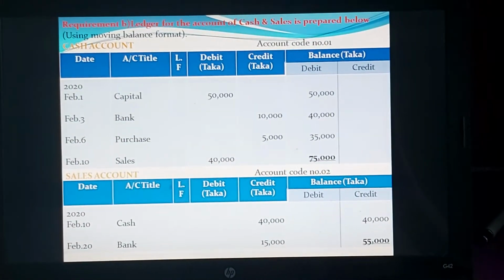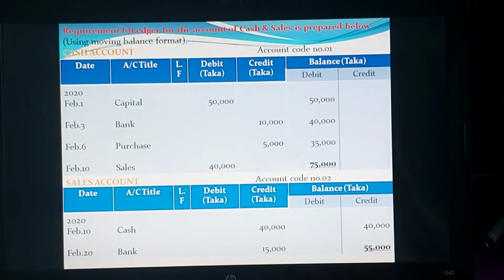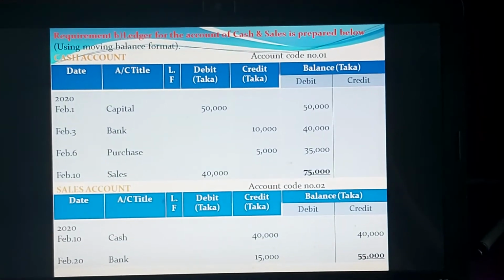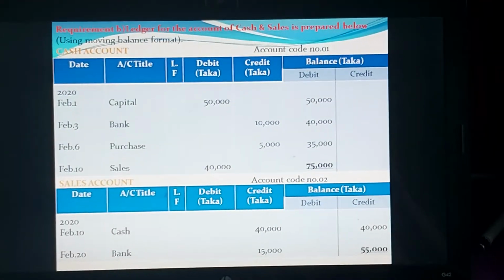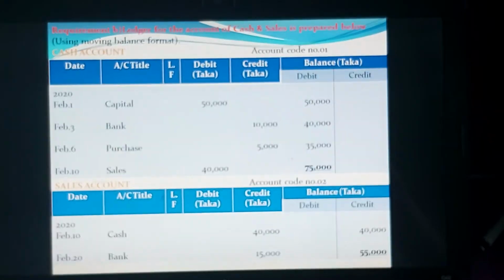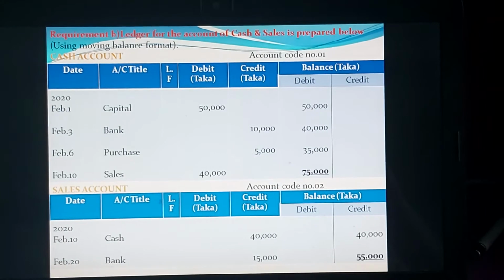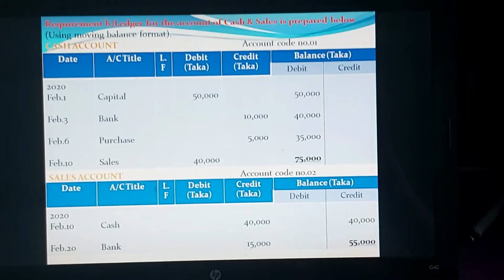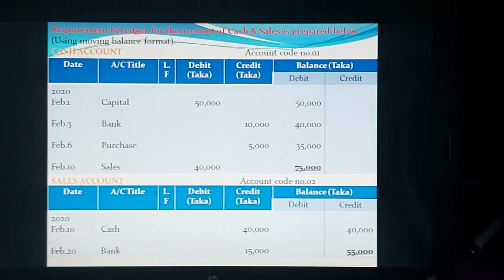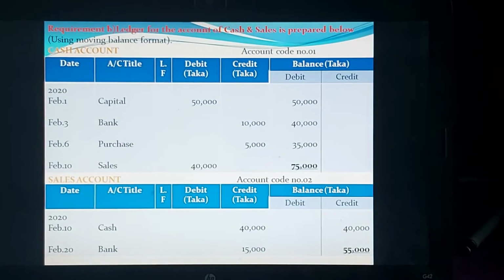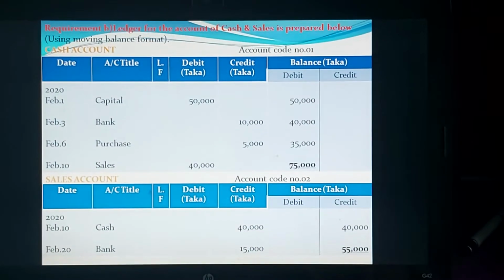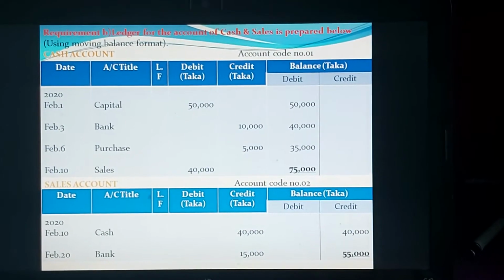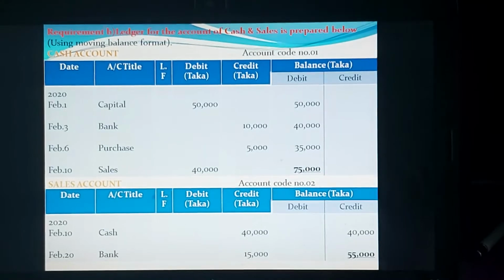You know from the rules of balancing, credit balance and credit posting are to be added. 40,000 plus 15,000 is equal to taka 55,000 in the credit balance column. Now this is the last transaction for the sales account. Now you have to close it, the total amount 55,000.